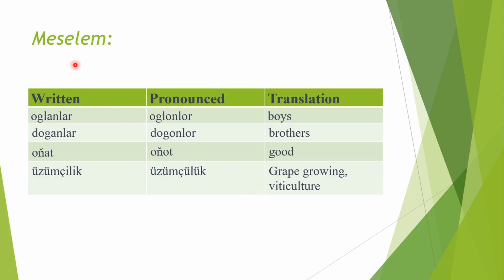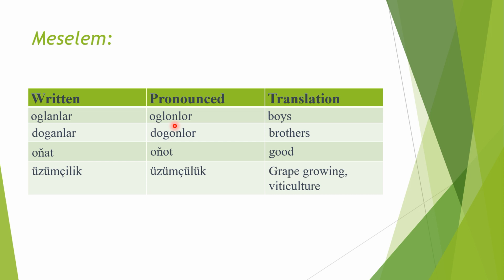Mesela means for example. So this is the written form, this is how we pronounce, and this is the translation. Oğlanlar. Pay attention to how we write it: O-G-L-A-N-L-A-R. But when we pronounce, we do not say oğlanlar with a. No, it's not correct.